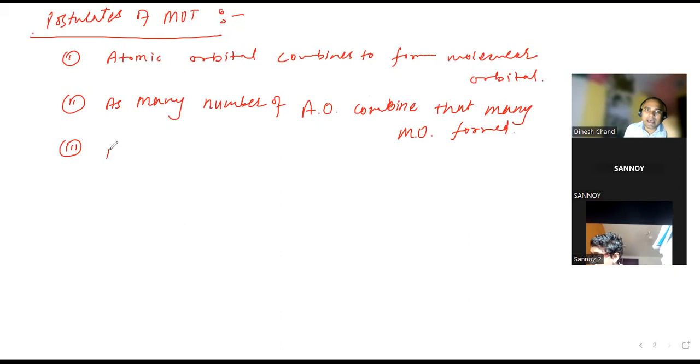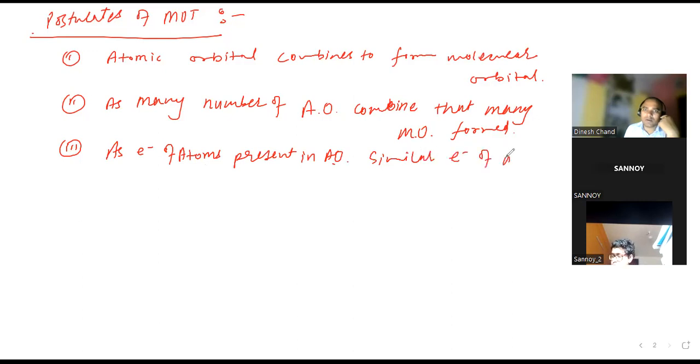Third, as the electrons of atoms are present in atomic orbitals, similarly the electrons of molecules are present in molecular orbitals.